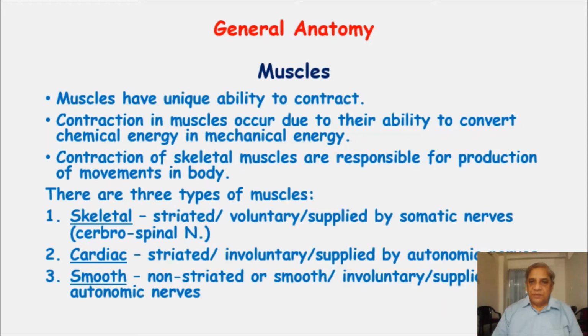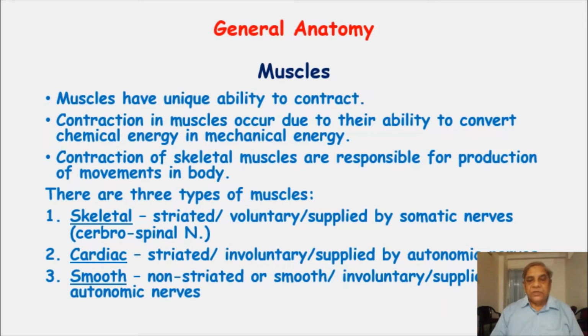That means this property of the contractibility is well developed in this muscle tissue only. Now say for example the ability of the conduction of impulse is developed fully in the nerve tissue. The muscle tissue shows the ability to contract. They can contract when they are stimulated.